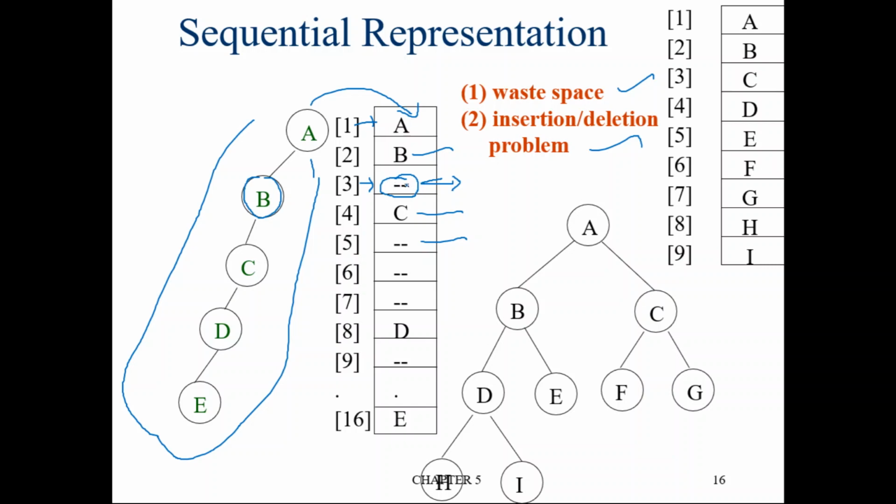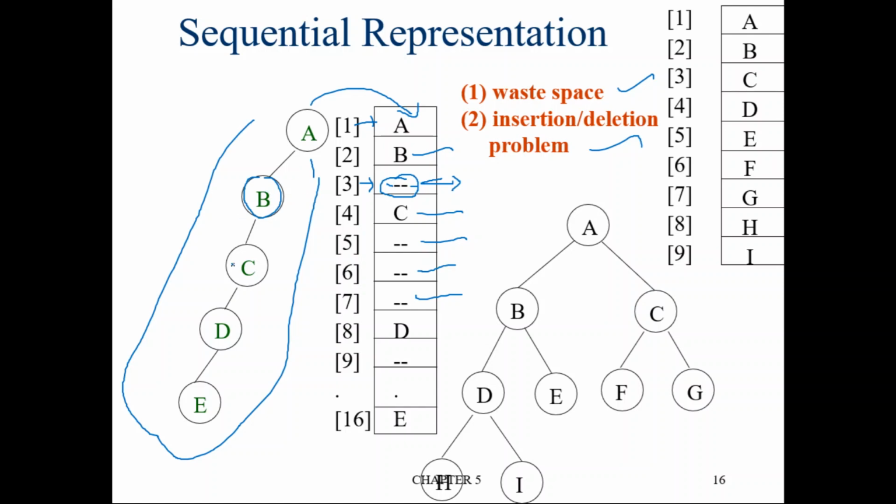So this location corresponds to the right child of A. As there is no right child, we have represented it as a dash. Does this dash have a left child? No, because that itself is not a node, so there is no left child. Does this dash have a right child? No. So these two are for that. Now we are done with the left child of A and also the right child of A.